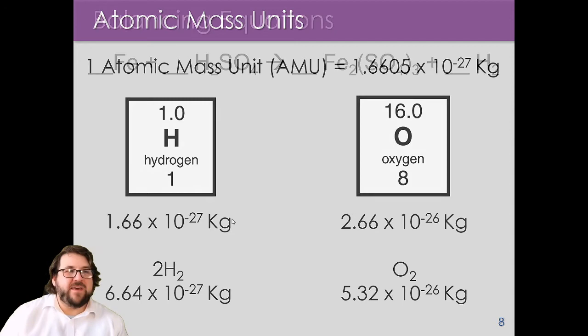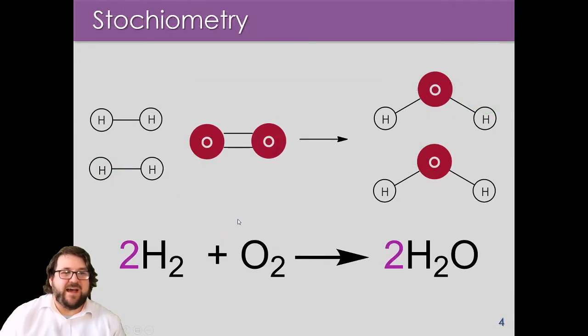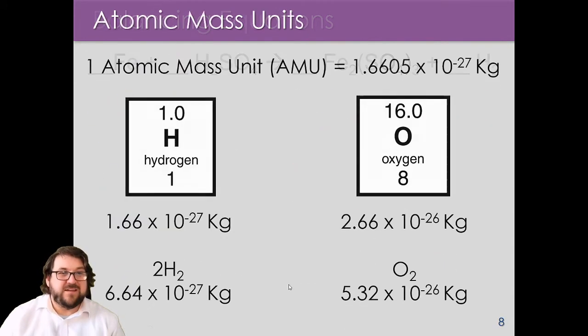Now again, if we go right back up to this equation here where I'm saying I need 2 hydrogen atoms for every 1 oxygen atom, if I were trying to weigh that out, I would have to weigh out 1.66 times 10 to the minus 27 kilograms of hydrogen, and then twice as many as this.